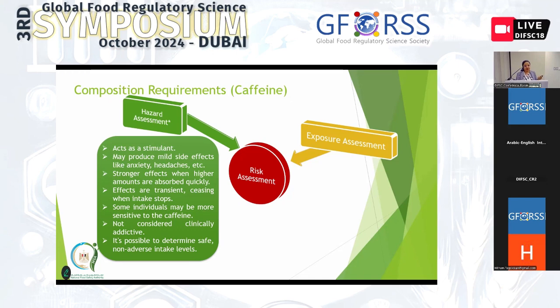Some people are more sensitive to caffeine than others. Stronger effects occur when higher amounts are absorbed quickly. However, most of the effects are transient and cease when stopped taking any products containing caffeine. And it's not considered to be clinically addictive. And so it's possible to determine a safe non-adverse intake level for caffeine.